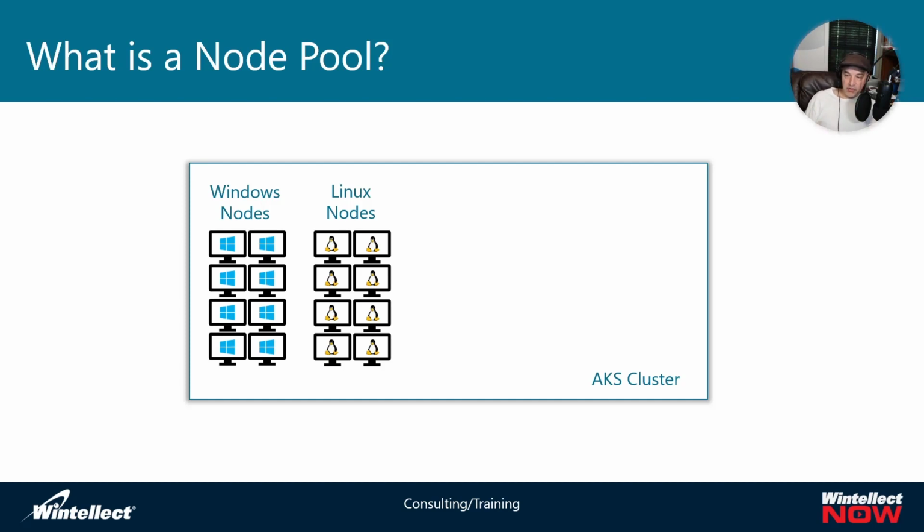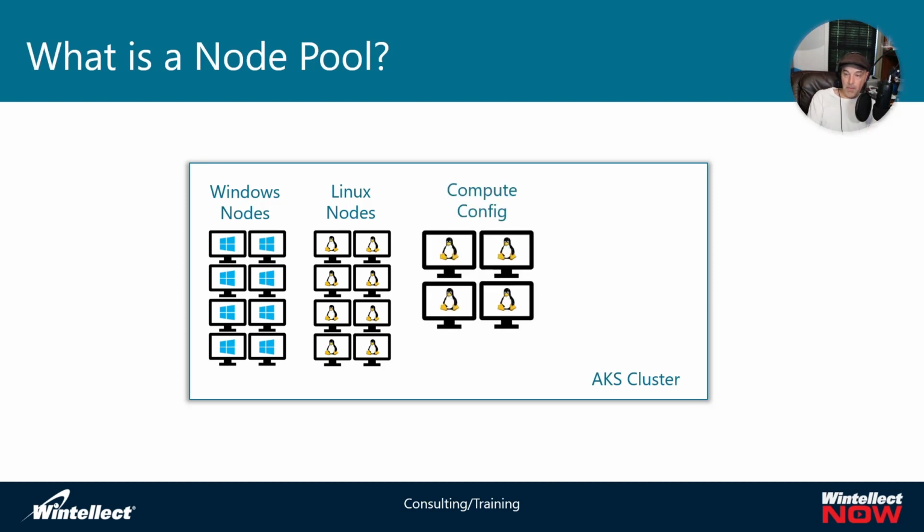Now, something else that you might want to do is have different kinds of compute that is optimized for different kinds of workloads. So one thing that you might want to think about is having smaller or larger VMs, for instance. If I had a workload that required a lot of memory, for instance, I could use M series VMs on my Kubernetes cluster, and that would be one of my node pools.